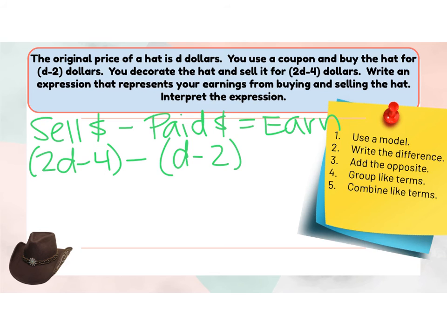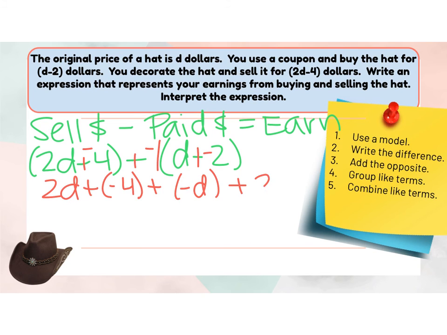Now we just follow the directions from each of the slides previous. We'll change all the subtraction to add the opposite. I'm going to put a coefficient there, and we'll distribute. Negative 1 times D is negative D, and negative 1 times negative 2 is a positive 2.